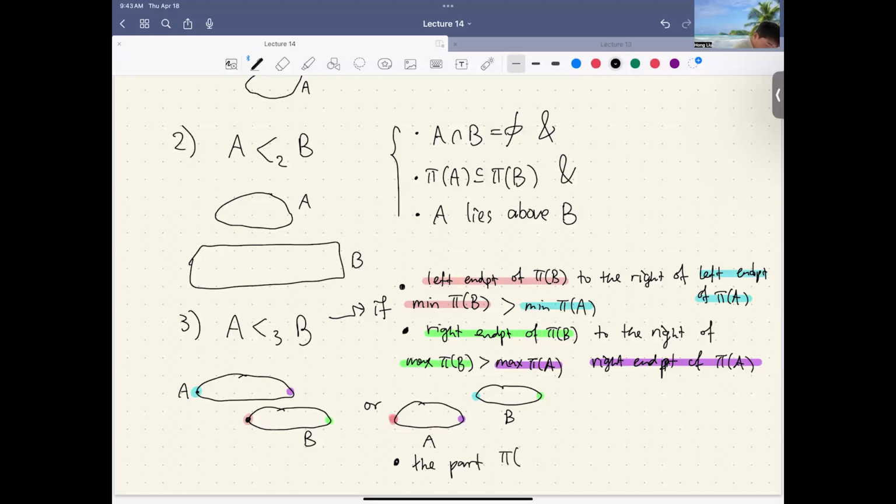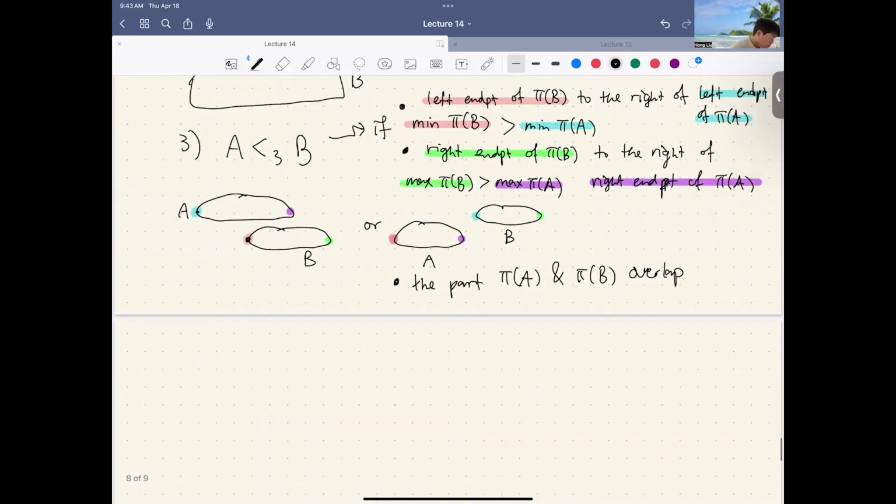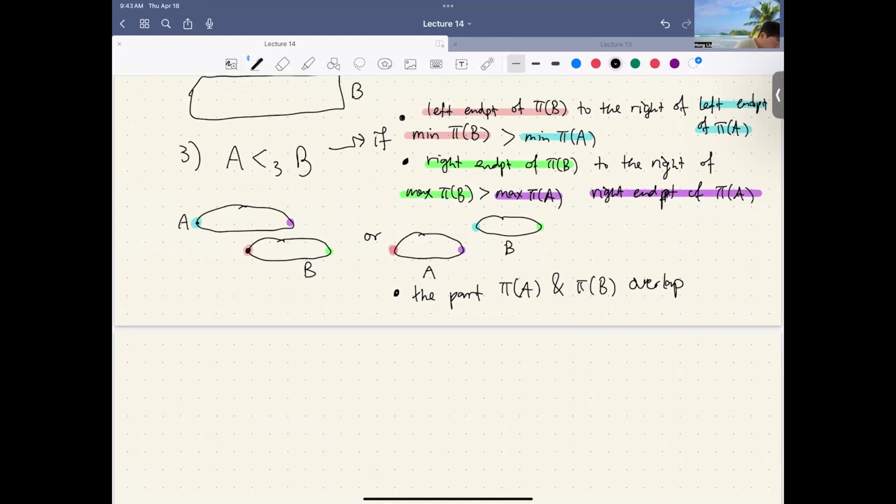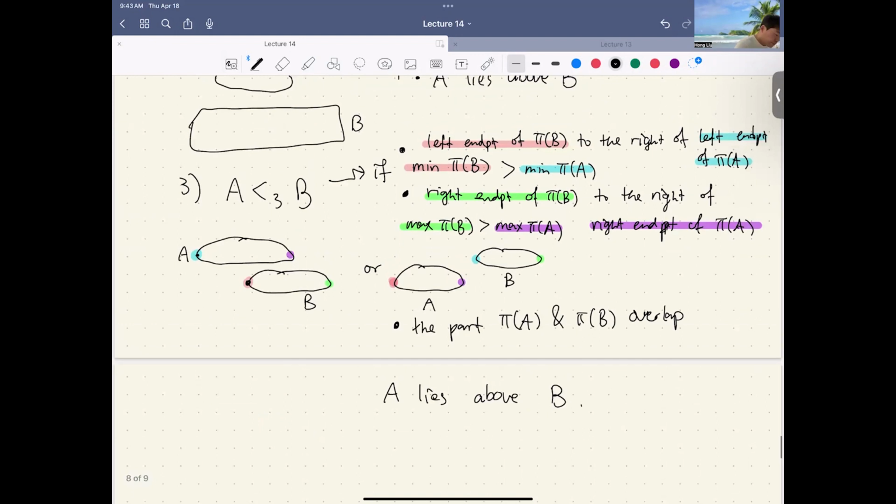If pi a and pi b overlap, a lies above b. So in this picture, all right?